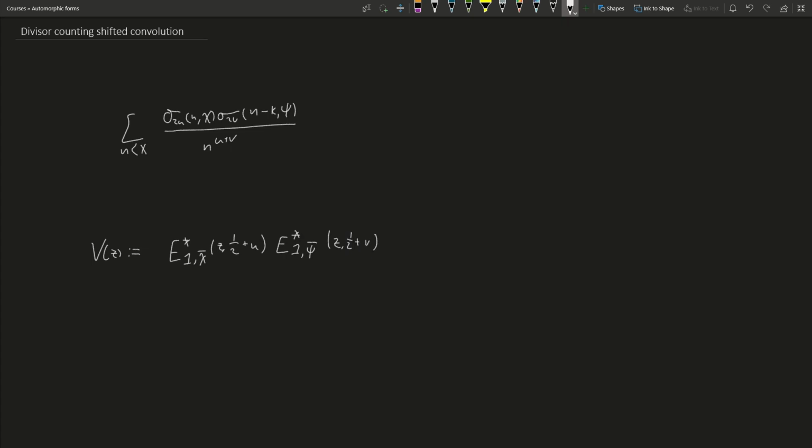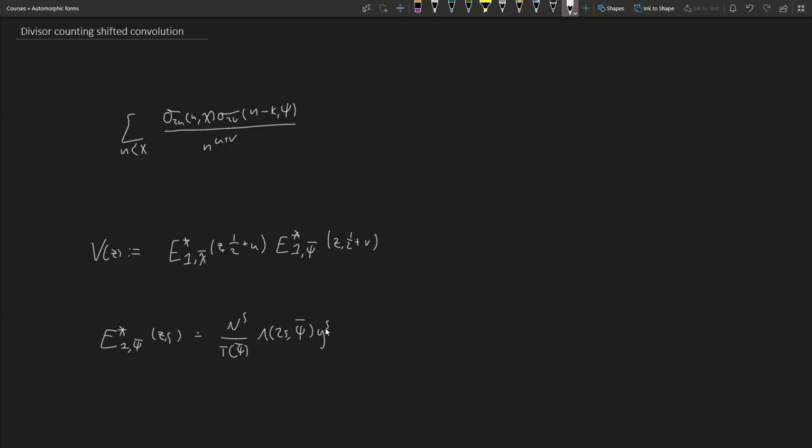So here the Fourier expansions are: E star 1, say ψ bar, z, s is going to be equal to N to the s, so this is the level, and it's also the modulus of the characters χ and ψ, divided by τ of ψ, the Gauss sum, and then I'm going to write uppercase Λ for the completed Dirichlet L-series for ψ bar.